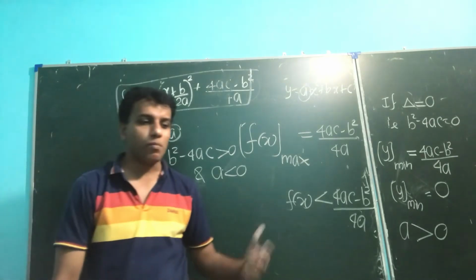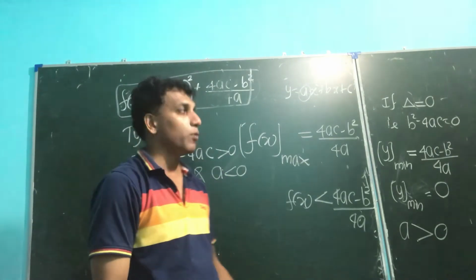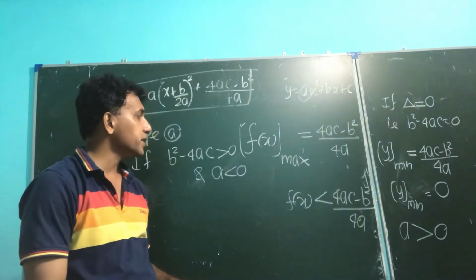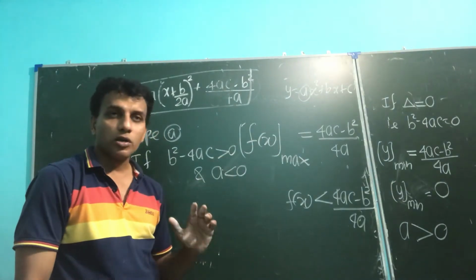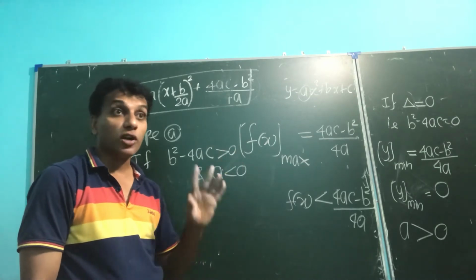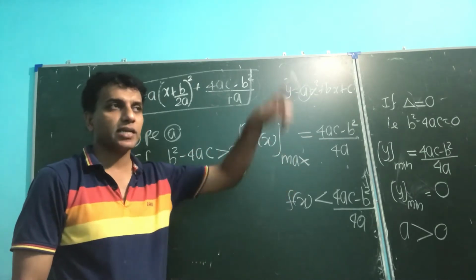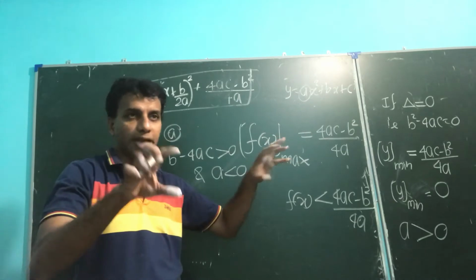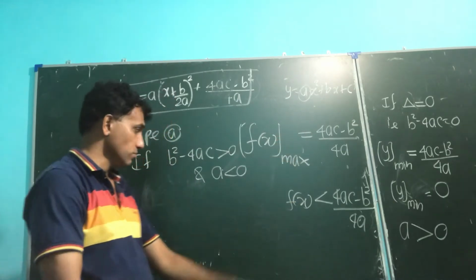So you know, delta positive, a quadratic equation has 2 solutions. Therefore, the graph should cut 2 values along the x-axis. Okay, we'll say that.